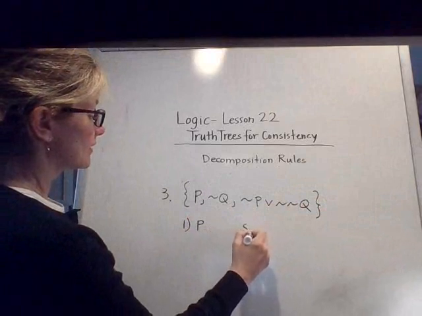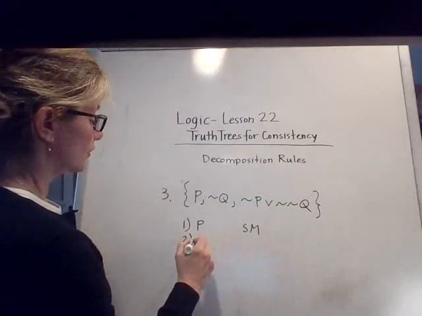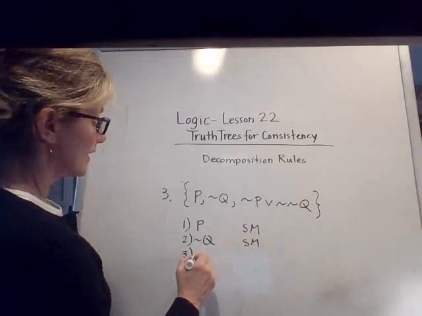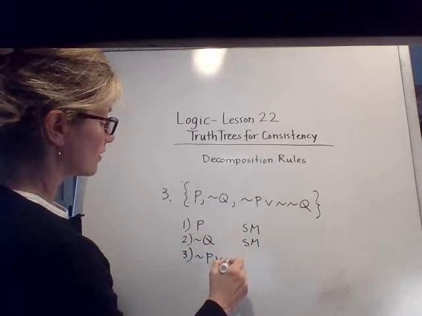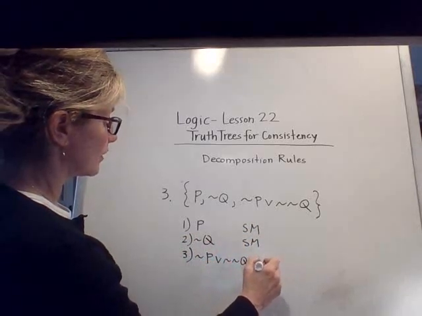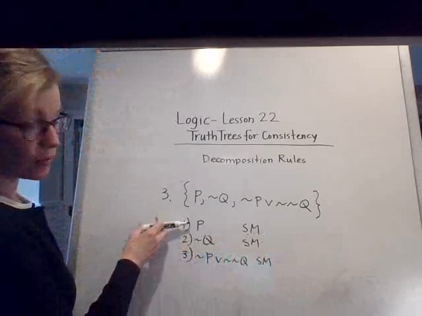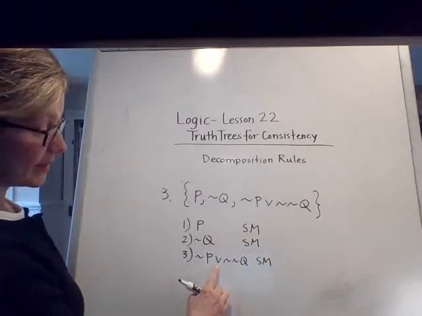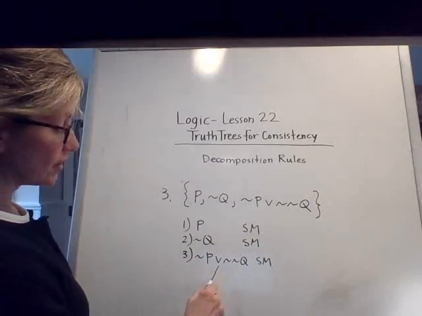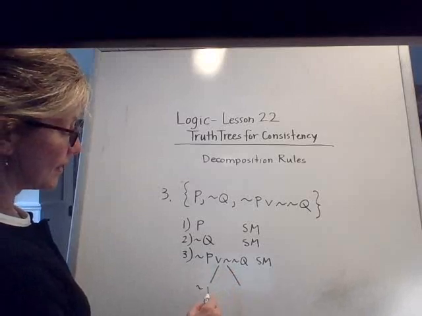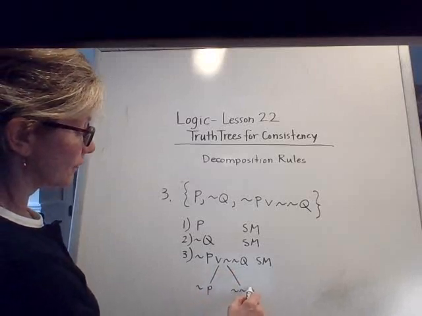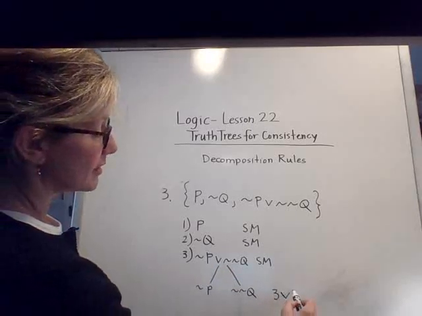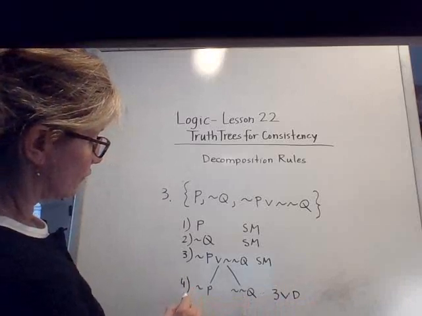P, set member. Line 2 is not Q, and that is a set member. Line 3 is not P or not Q, set member. We don't need to decompose line 1 or line 2, we just need to decompose line 3, and we see that it's a disjunction, and a disjunction branches into not P and not Q. That was line 3, disjunction, decomposition, and that's line 4.